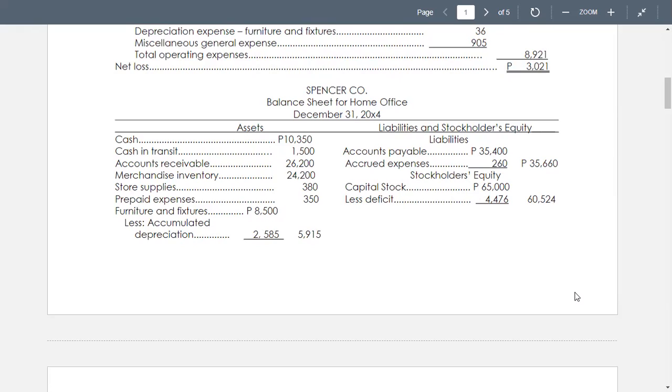If you try to determine the balance of 4,476, initially, the retained earnings beginning is 6,800. That's your retained earnings beginning.